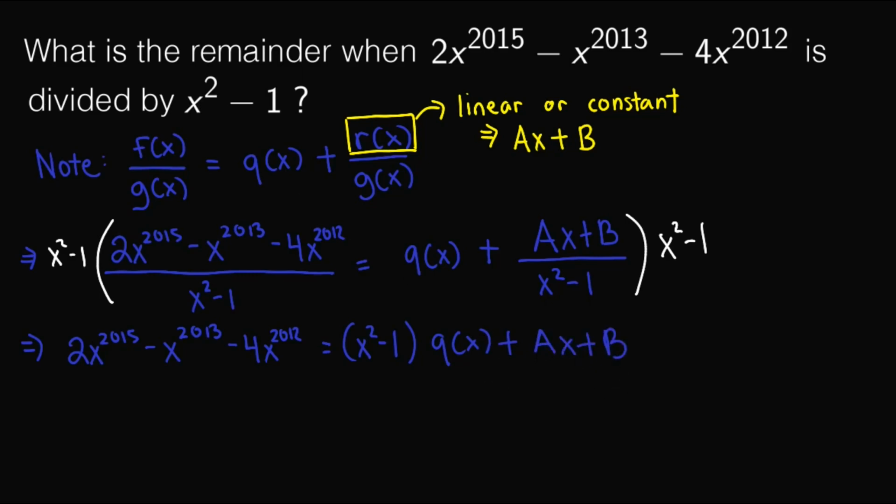Lastly, x squared minus 1 is equal to x minus 1 times x plus 1 by difference of two squares.